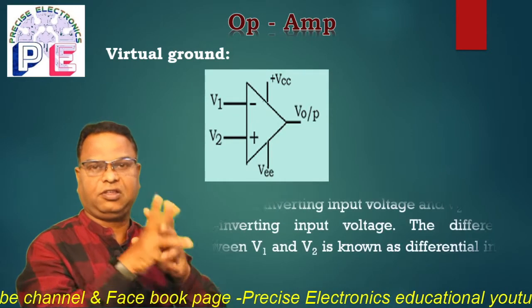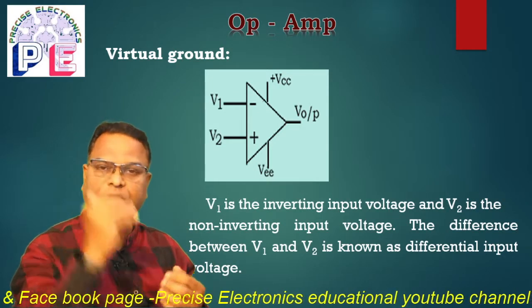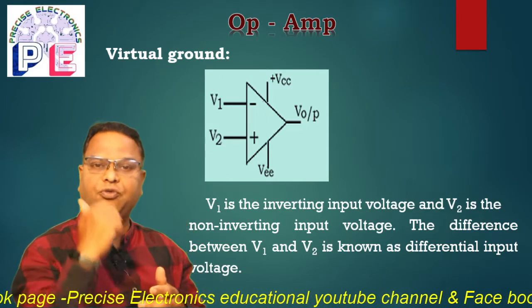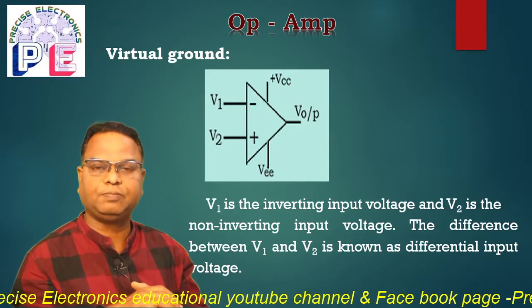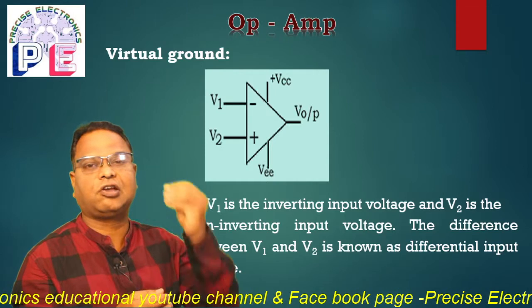In this operational amplifier, the two input signals, that is V1 and V2, are applied to inverting input terminal and non-inverting input terminal respectively. Then plus VCC and minus VEE, that is operating potentials, are also connected to this.